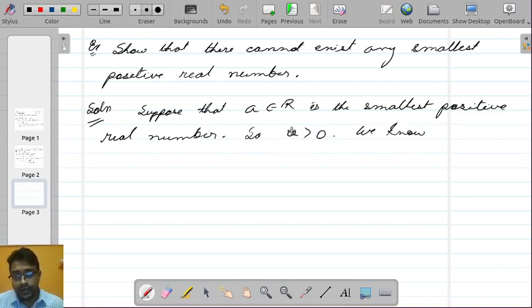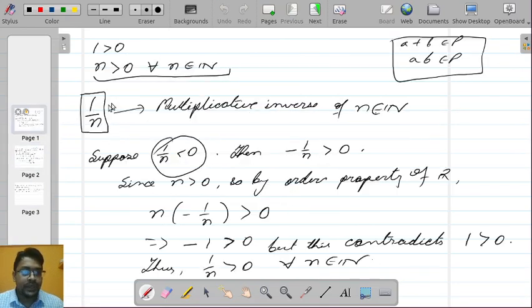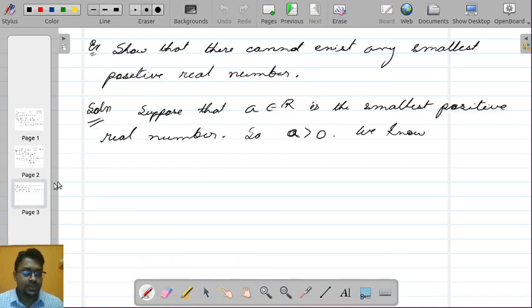Can you find a real number which is smaller than this and also positive? We will make use of this fact, 1 by n is positive. So what are the numbers smaller than a? If we just keep on dividing by natural numbers, then we get smaller numbers, right? So that is the idea basically.